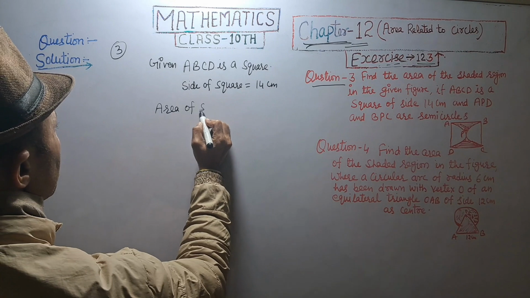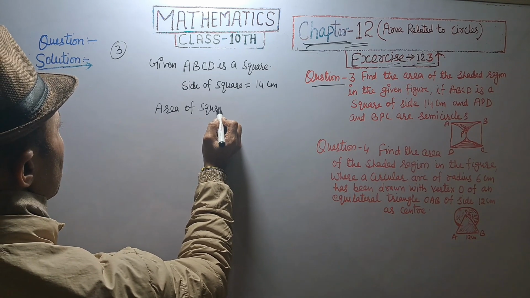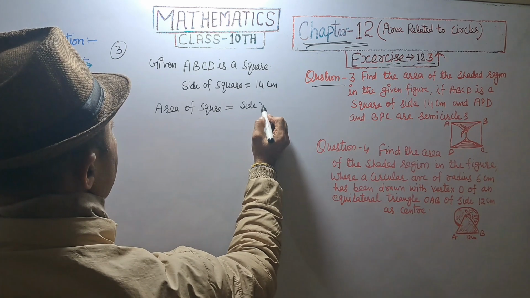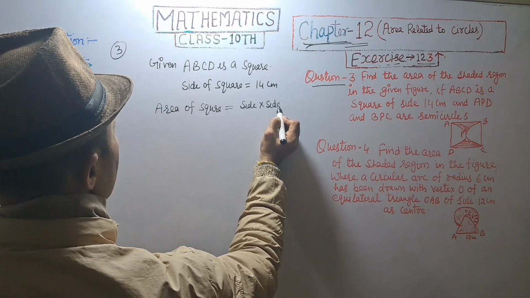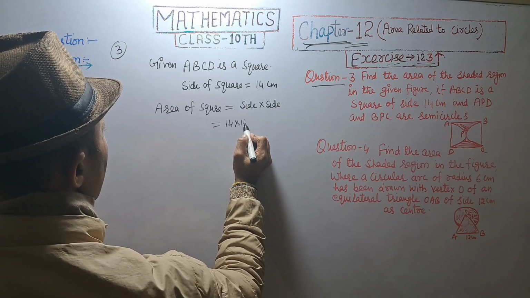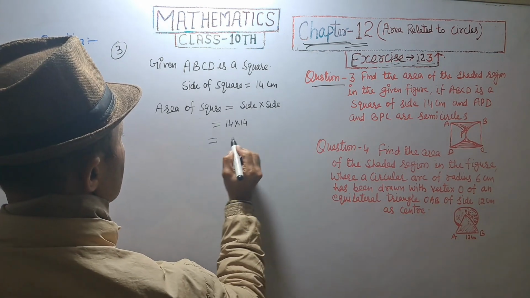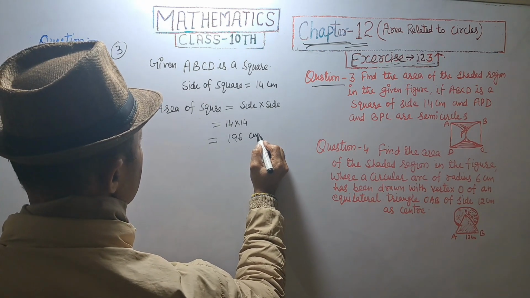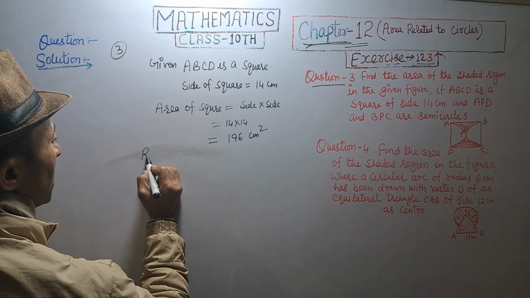Area of square is equal to side into side, that is equal to 14 multiplied by 14 is equal to 196 centimeter square.